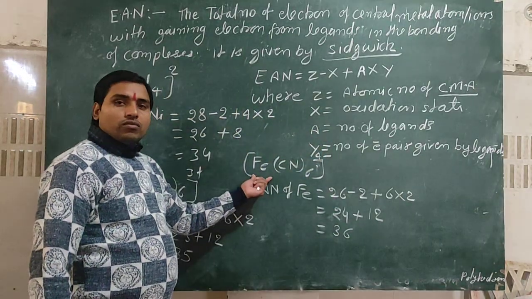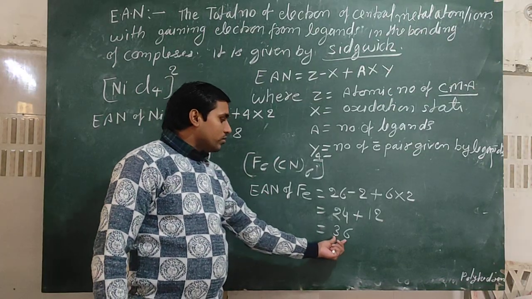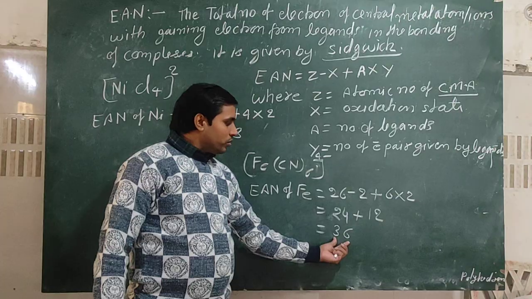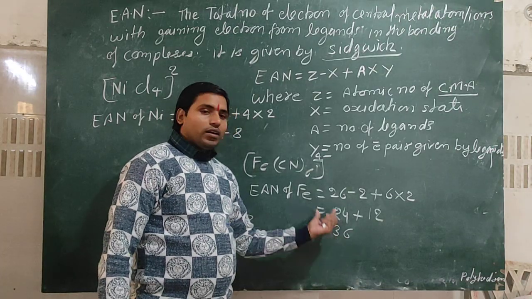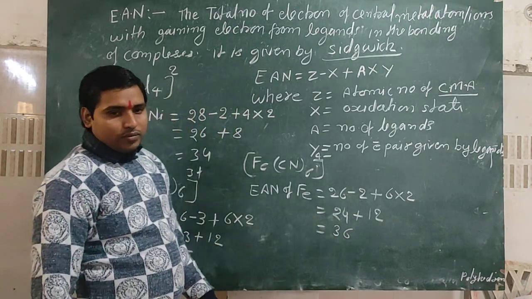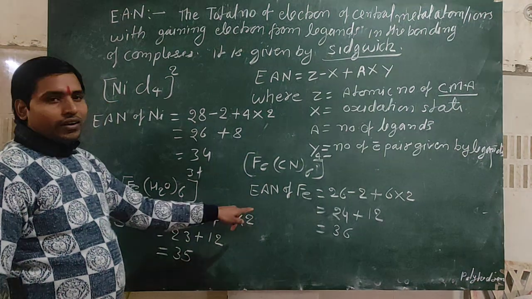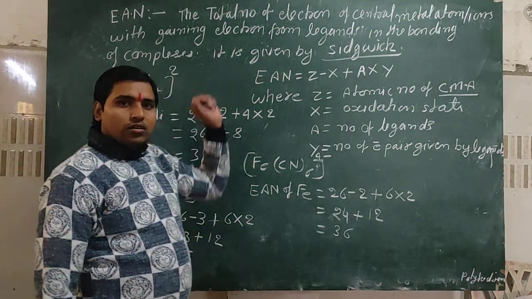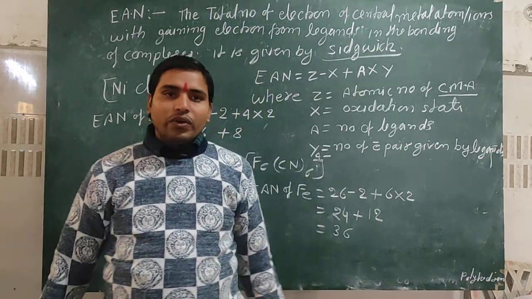This complex follows the EAN rule because 36 is the atomic number of krypton, an inert gas, and it is diamagnetic in nature. I hope you understand how we can easily find the effective atomic number of complexes.